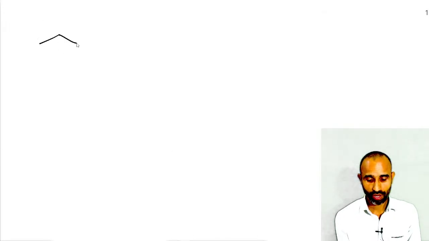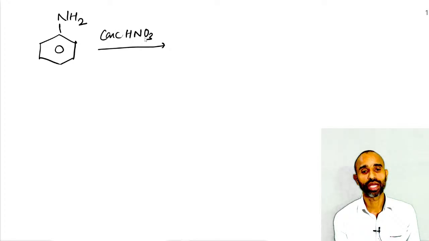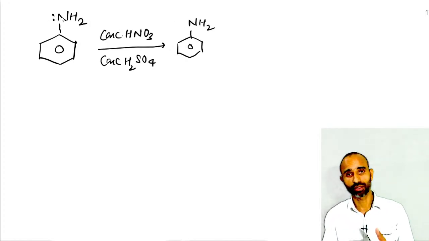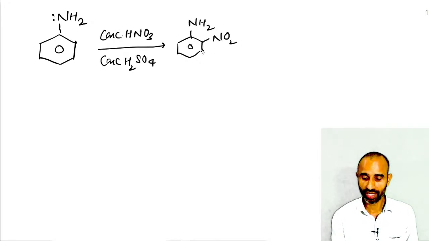So now I will take up the case that you have mentioned. Like we have aniline. If we do its nitration, then obviously we expect that the NH2 group, as it is ortho para directing because it has plus R effect, will give ortho nitroaniline and para nitroaniline.